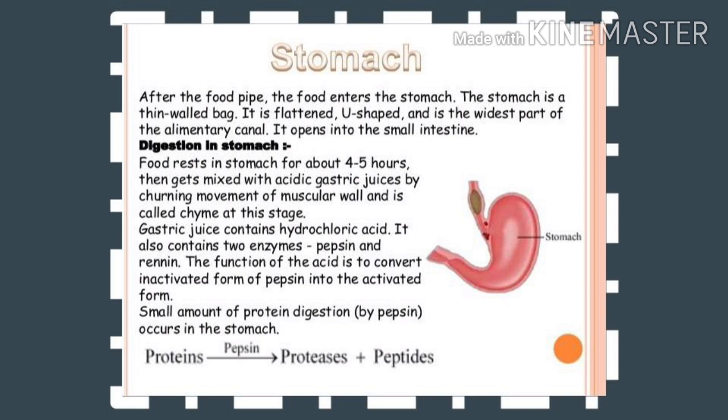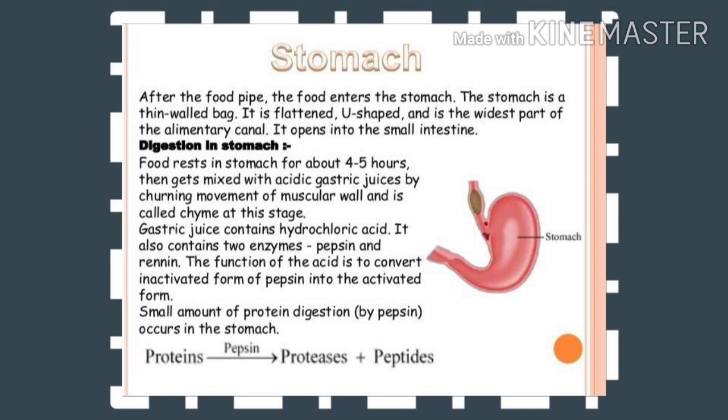Hence, one more time, you will remember this. Gastric juices contain hydrochloric acid. Now this hydrochloric acid acts on pepsin. Pepsin is also released by the stomach, and it is inactivated when it's released.